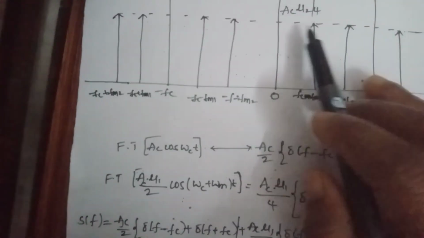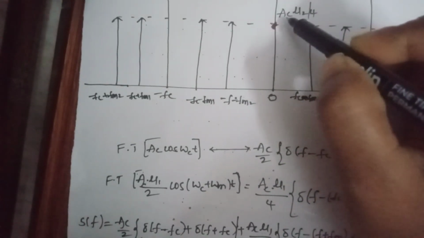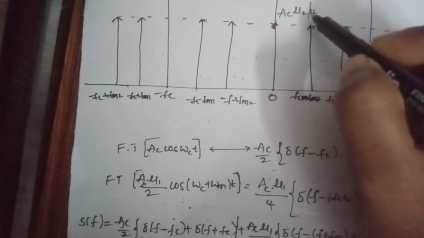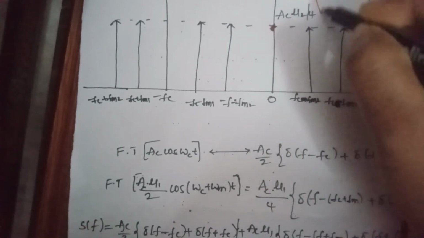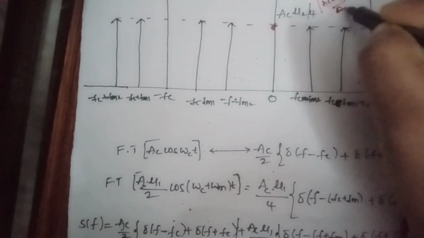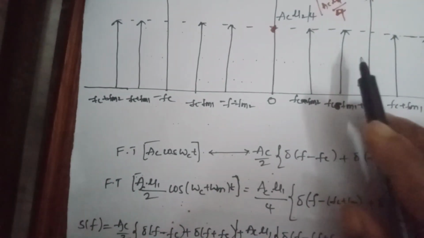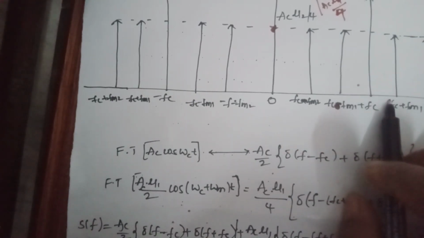You just locate that amplitude on this axis, AC mu 1 by 4, and AC mu 2 by 4 also. Okay, so AC mu 1 by 4.